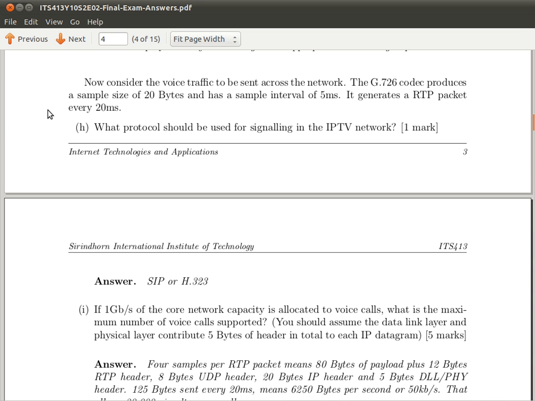But note the way that the protocol works, RTP takes the bytes of multiple samples and puts them into a packet every 20 milliseconds. So let's say we're sampling over time. These are the samples, 5 milliseconds apart.